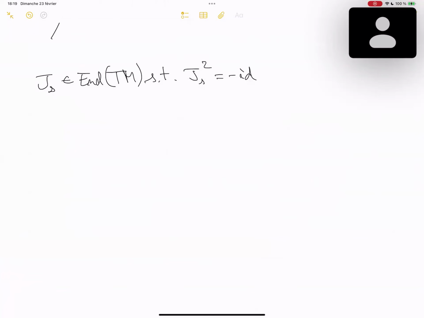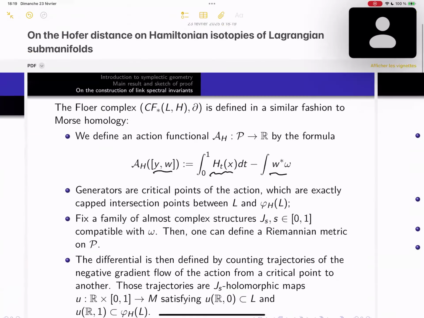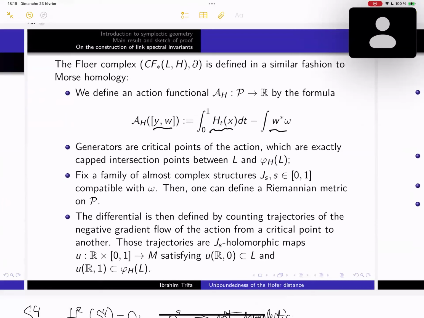And compatible with omega means that if you define g(v, w) to be omega(J_S v, w), then this is a Riemannian metric. So given such an almost complex structure, we get a Riemannian metric on M.